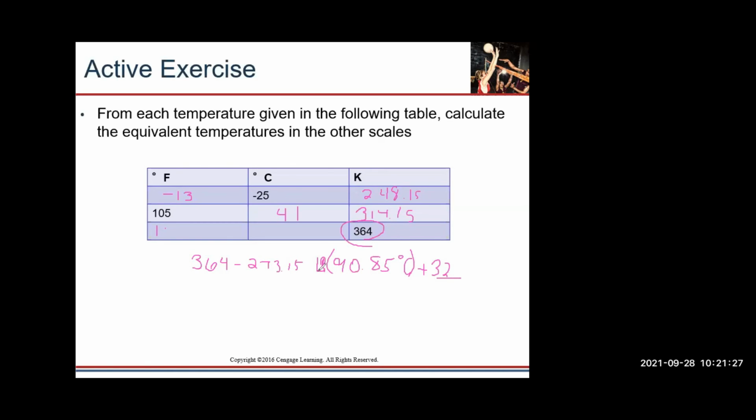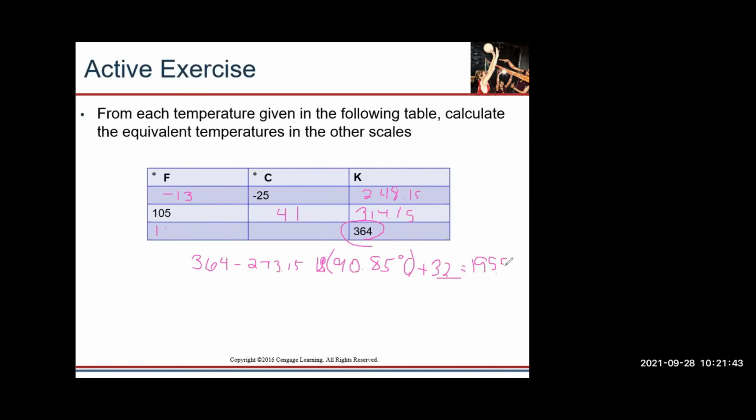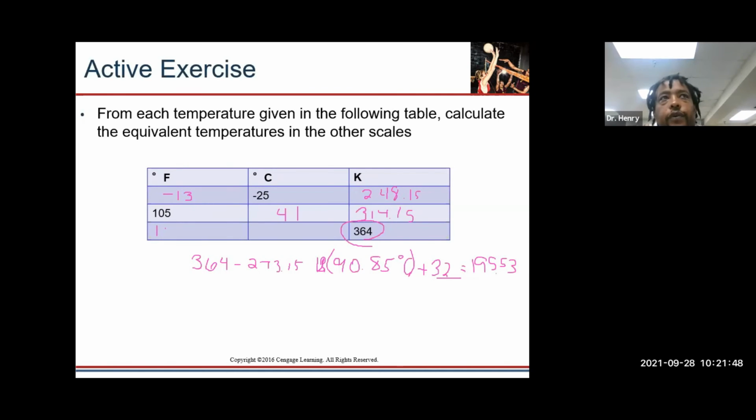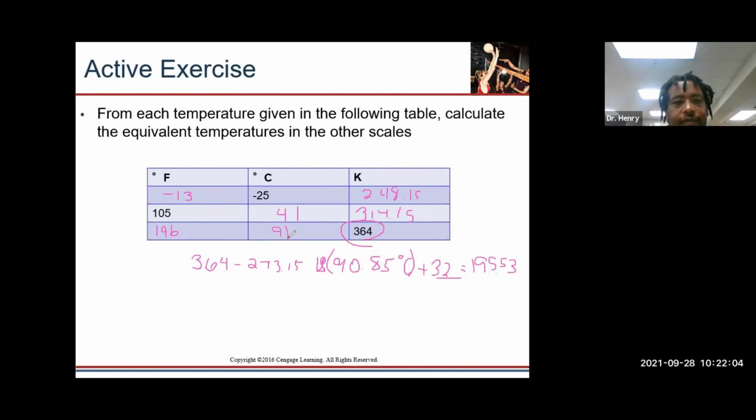195.53. So if we round up to a whole number, okay.